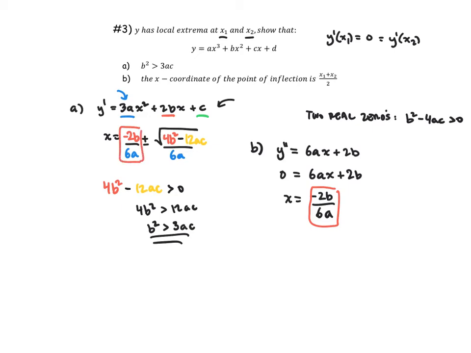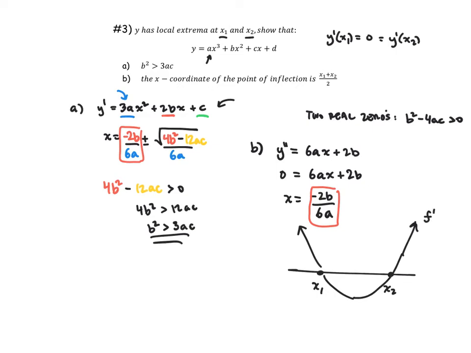Okay, so now graphically, I'm going to show you how this works. All right, here are zeros, whatever this quadratic looks like. They're x1 and x2. Whether this function, I don't know what a's value is, right? I don't know if it's positive or negative. But what I do know is that the graph of f prime looks like this.